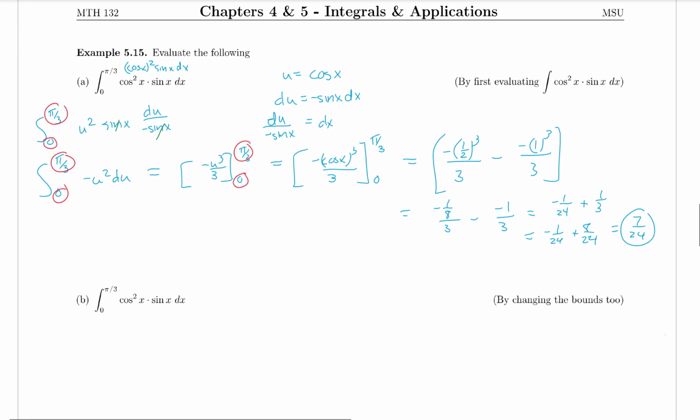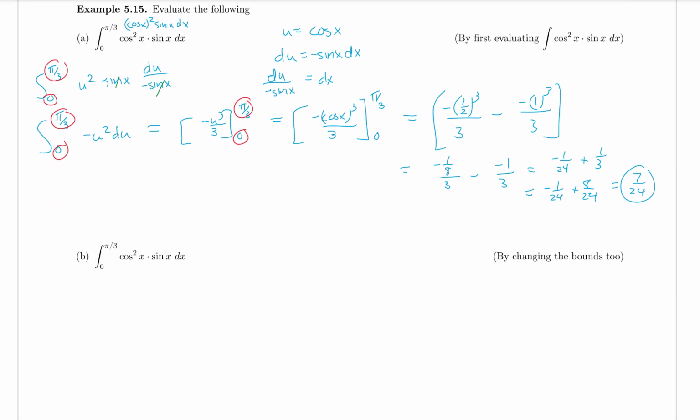Now, let's explore how we can do the exact same problem, but we're going to change our bounds to help with our organization. So we have that u is equal to cosine of x, just like we did in the last problem, and then du is equal to negative sine of x dx. And again, dx is equal to du over the negative sine of x.